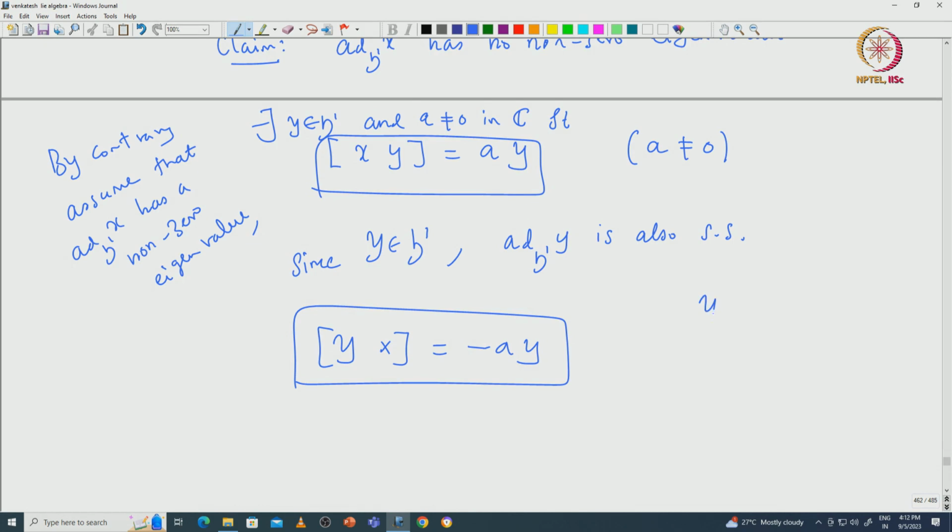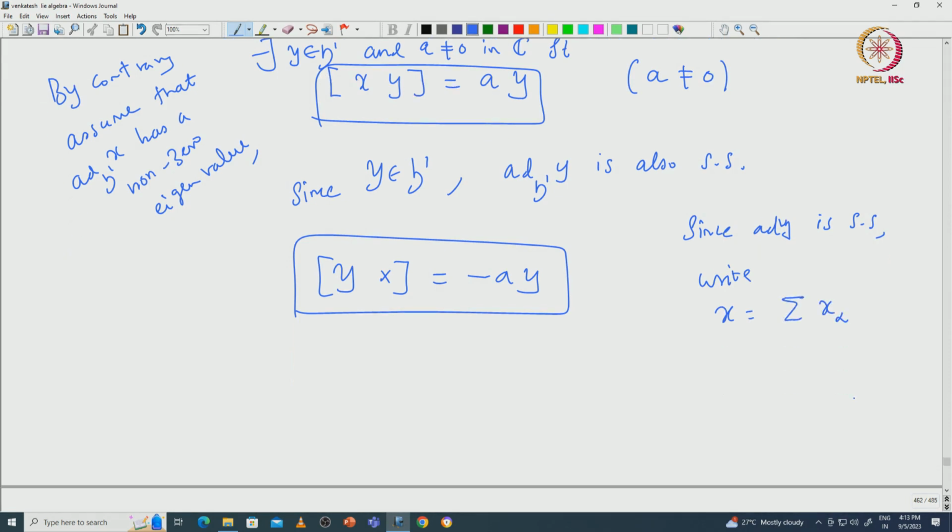So, write x equal to a summation of x_alpha, where x_alpha is the eigenvector corresponding to the eigenvalue alpha.